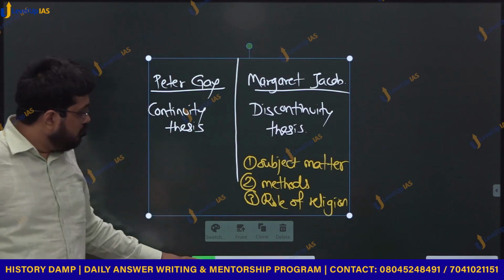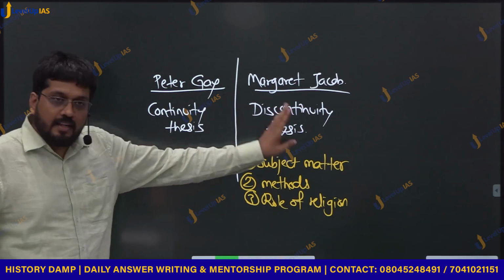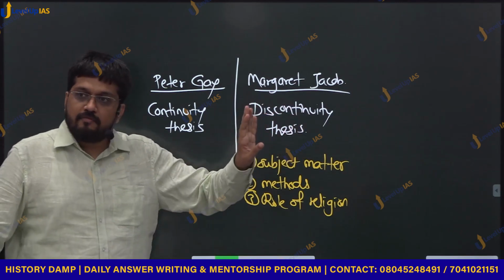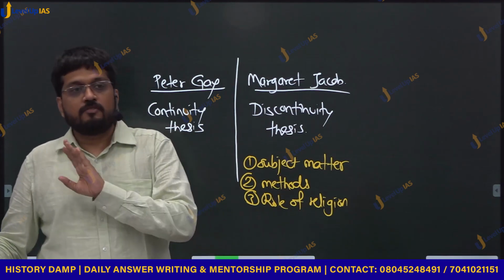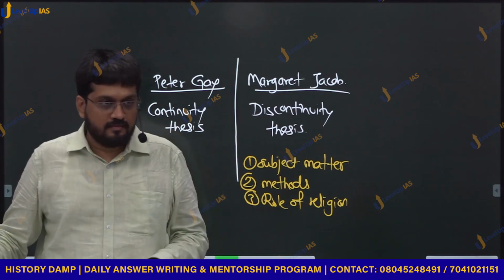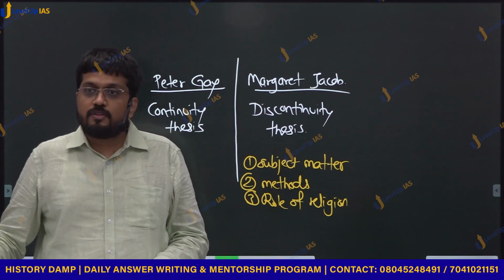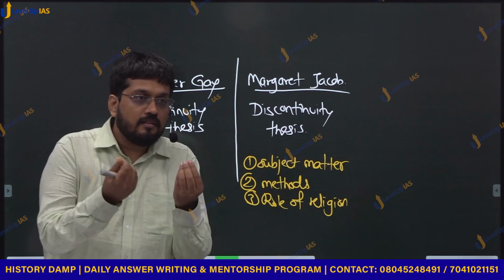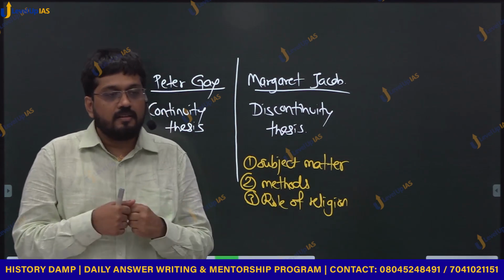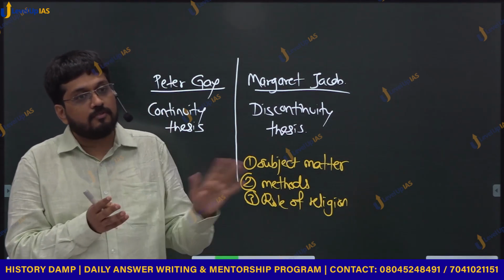Look, I want to tell you one thing. After enlightenment, what you have is the French Revolution, and what comes at the other end of the French Revolution is an altogether different world. The questions which were pondered over by thinkers of enlightenment were largely unrequired. They were completely out of place. The era was gone.